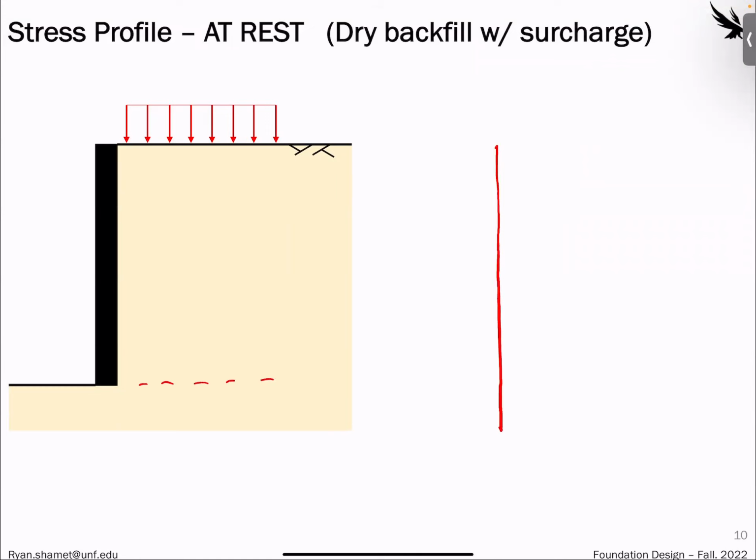Let me just draw this. It only goes to the extent of the wall. That's what we care about, at least. We would still have the existing stress from our soil profile right here, where this is going to equal K naught times gamma H as the max.